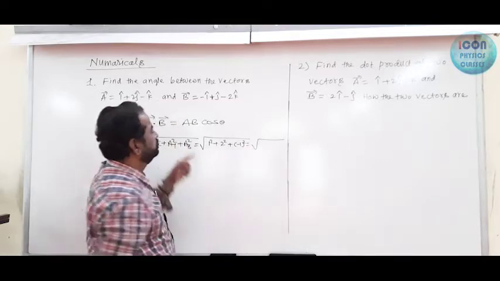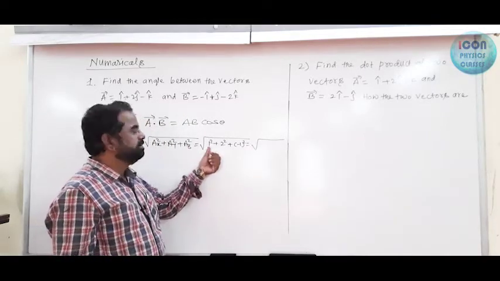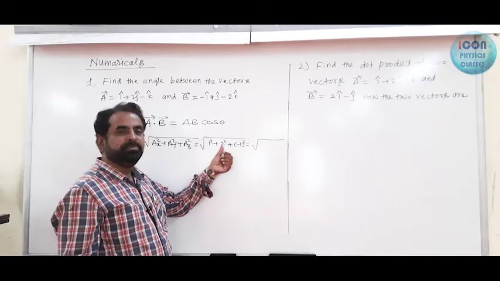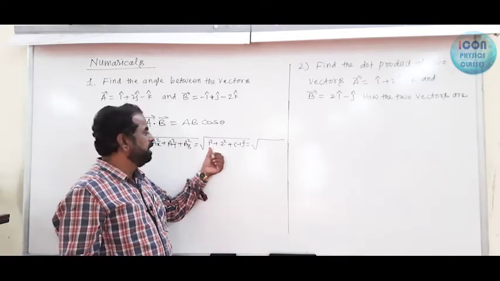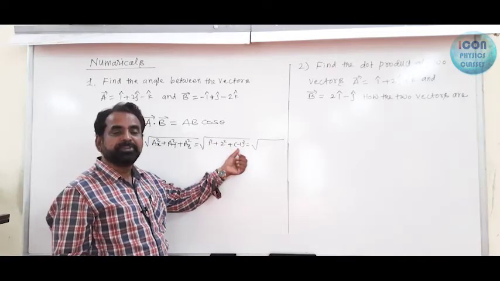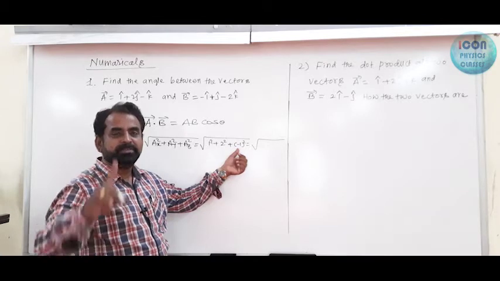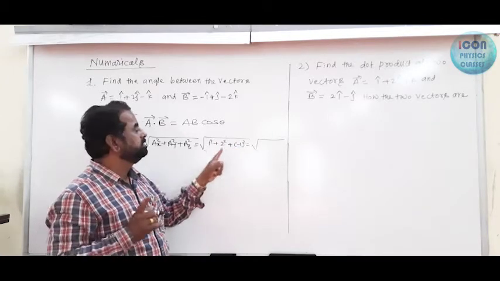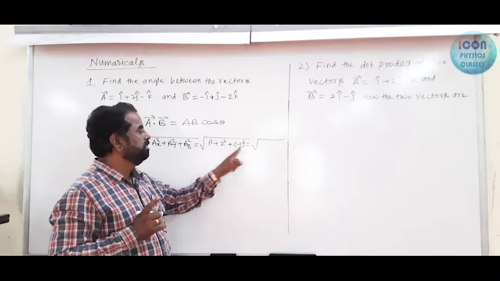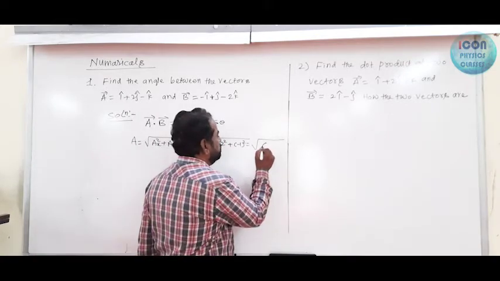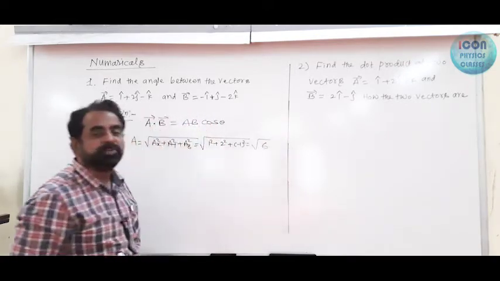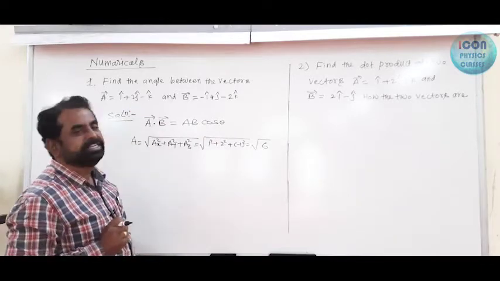Orally, 1 square is 1, 2 square is 4, 4 plus 1 is 5, and minus 1 square is plus 1. So 4 plus 1 plus 1 is equal to 6. Magnitude of vector A is root 6.